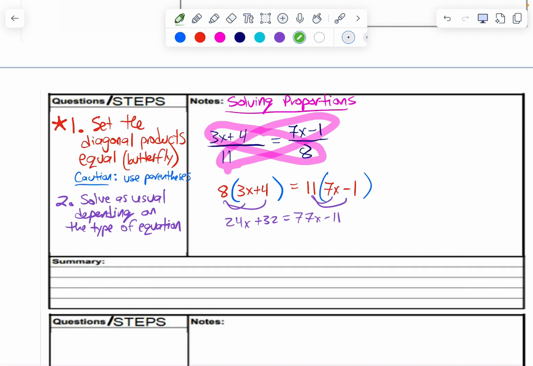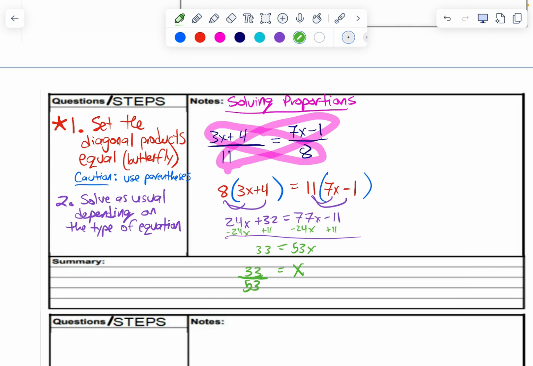I'm going to collect terms on the right side so the x stays positive. Let's see, 53x, so x equals 33 over 53. No, it's 53.